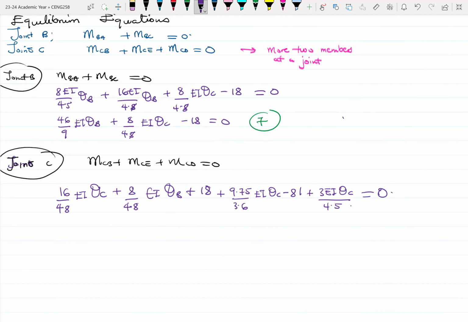The theta b is only 1, so we have 8 over 4.8 EI theta b. The theta c, there are a few of them, so let's sum them up.